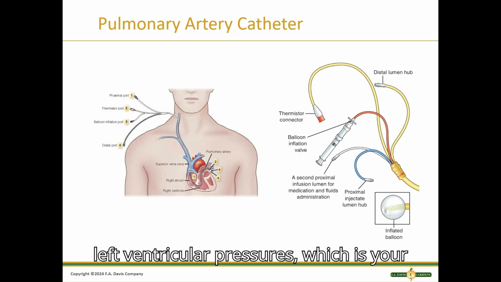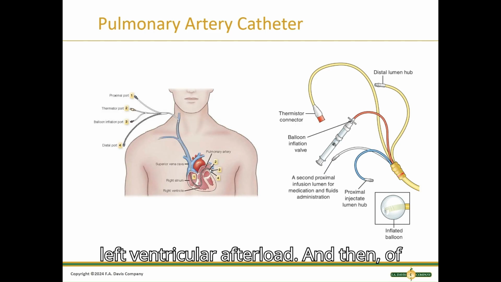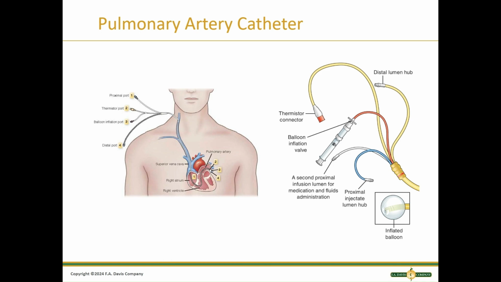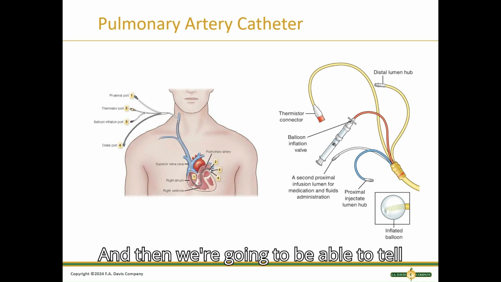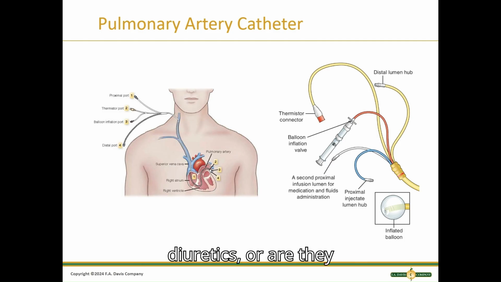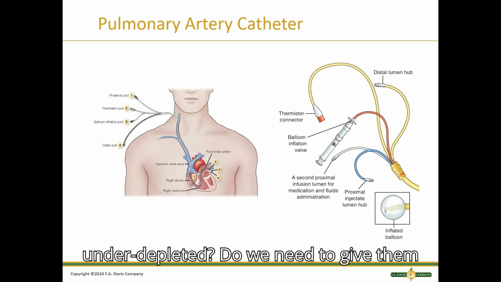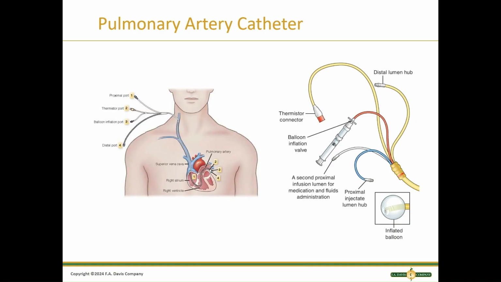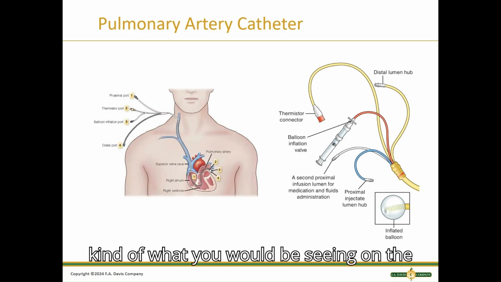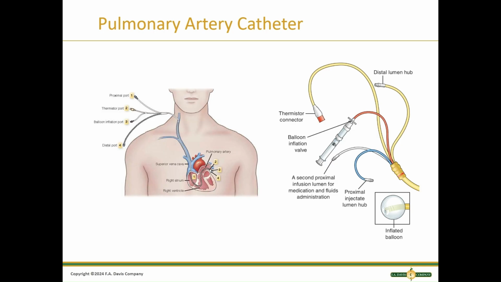It is blown up, and that causes the pulmonary artery wedge pressure. I think your book also calls it the pulmonary artery occluding pressure. That balloon is only going to be blown up for a few seconds at a time. And that is an indirect measurement to reflect the left ventricle function. So your left ventricle function is looking at your left ventricular preload, okay, or the contractility.